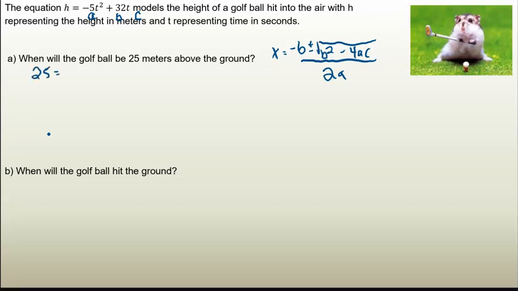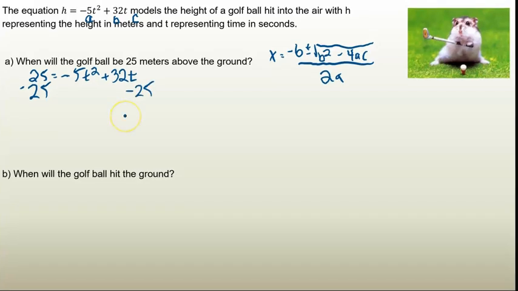I am going to plug in, for the first part, 25 in for H, and then I'm going to have to set this equal to 0. So let's get started with that. Now what I'm going to do is subtract the 25 from both sides. The 25 will not combine with any of the other terms.